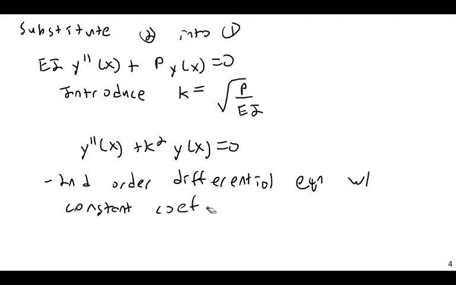And that means I can now apply the Euler solution. If you remember your differential equations, not an Euler particular solution, but just a solution to this type of equation.